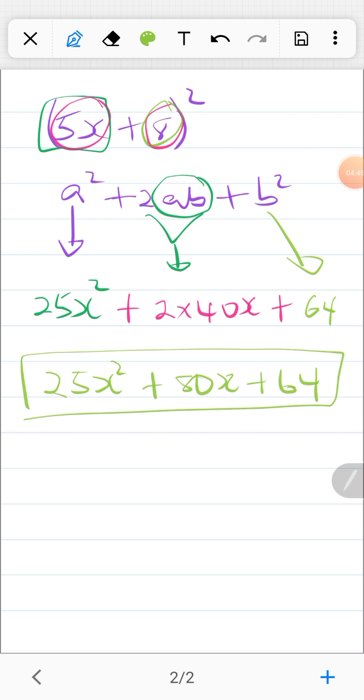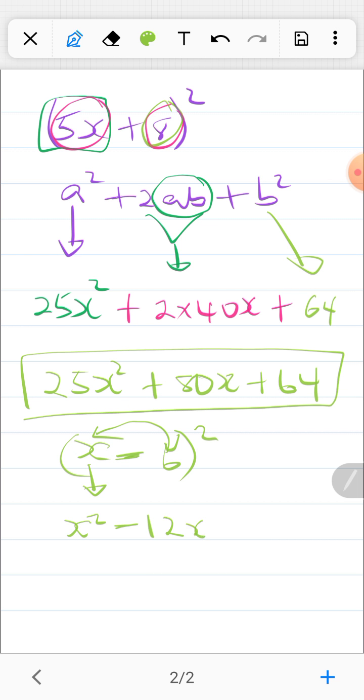If it was negative, the same idea. If it was negative, like x minus 6 squared, again the first number is squared to give me x squared. These two numbers are multiplied, 6 times x. Because this is negative 6, I'll do negative 6 times x, which is negative 6x. Negative 6x times 2 is negative 12x.